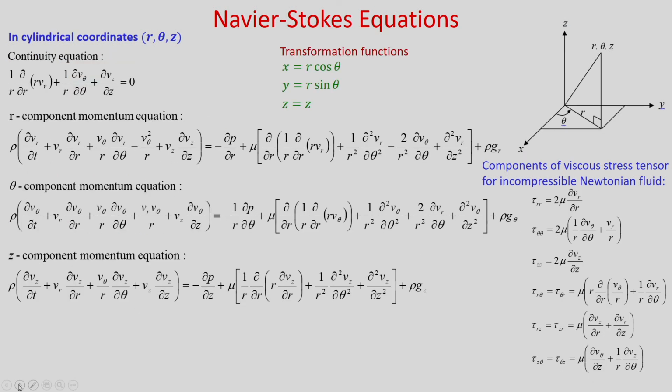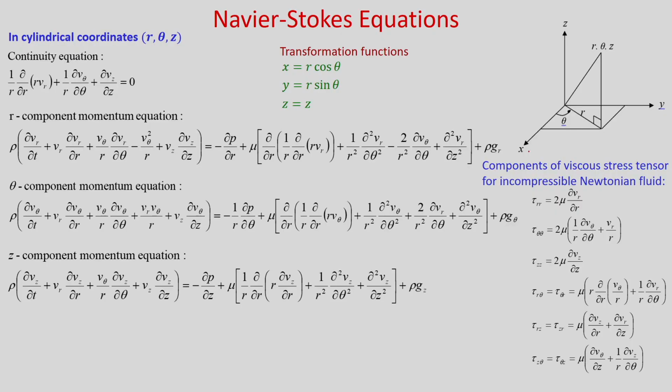Now, if you use some suitable transformation function, then you can convert these equations in Cartesian coordinate to the equations in cylindrical coordinate. So, if we use this as a cylindrical coordinate, you can see this is the r and this is the theta and this is the z.